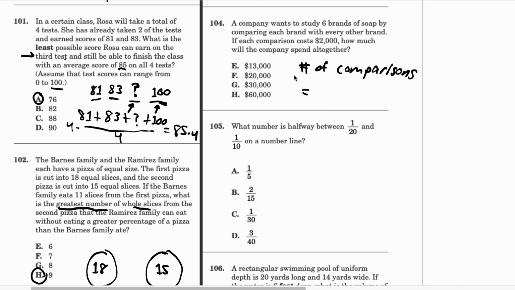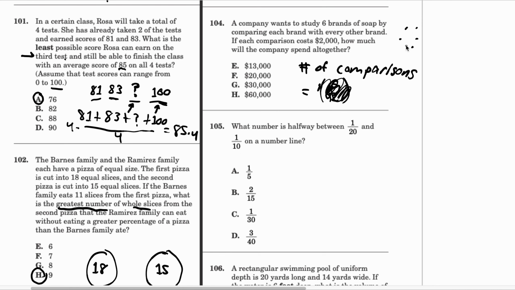So basically, the number of comparisons in this case is just, well, I don't know if you guys have learned about this notation. So this would be 6 choose 2, but I'm going to assume that you haven't. So basically we have our 6 brands of soap, right?